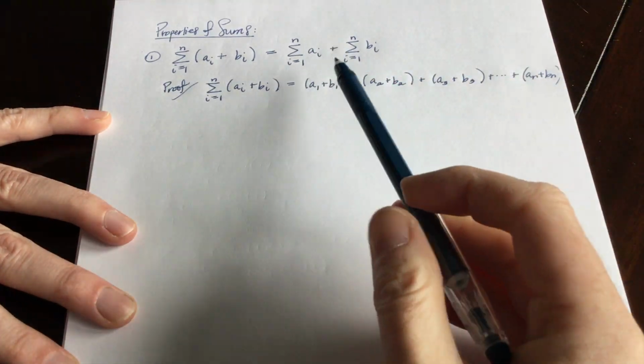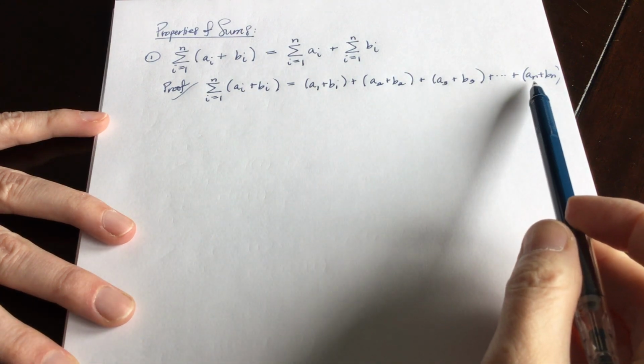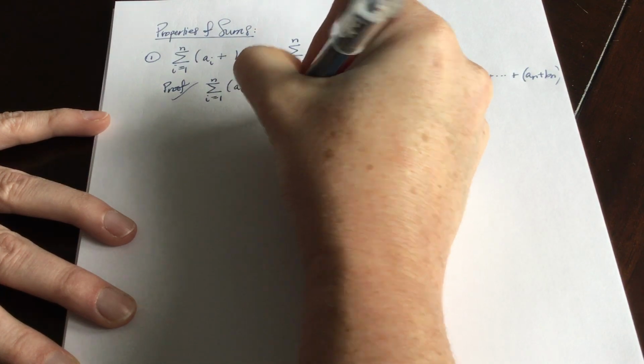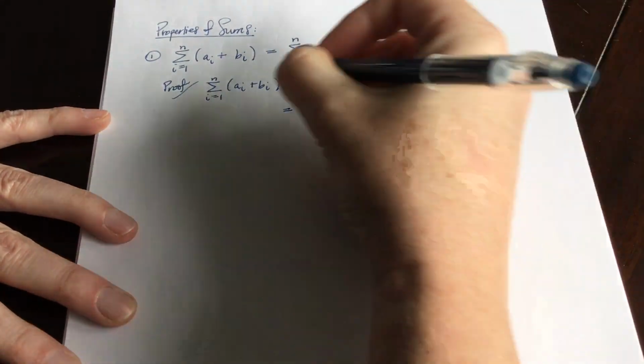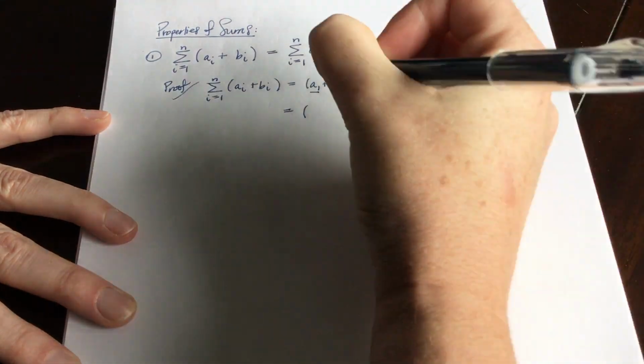Well, notice that all I have going on here is a whole bunch of addition, so the parentheses are doing absolutely nothing. And you can use properties of addition, like commutative and associative properties, and reorganize this and still get the same answer. And how would I reorganize it? Well, I would choose to put all the a terms together.